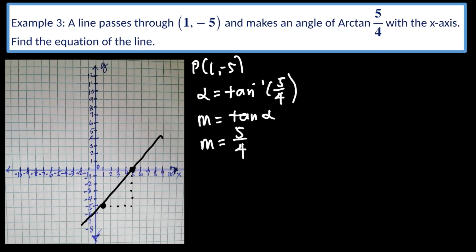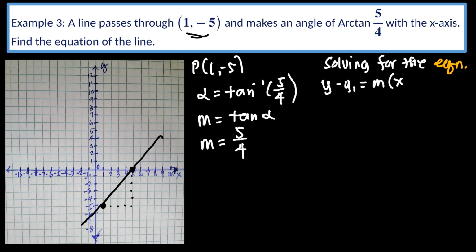All right, now that we are given a slope and also a point, we can solve for the equation of the straight line. So let's have it here, solving for the equation, the shortcut. So y minus y sub 1 equals m times x minus x sub 1.